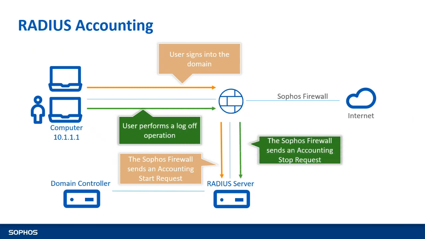When a user logs out from the domain, the Sophos Firewall will send an accounting stop request along with the user's logout time. At this point, the RADIUS server stops recording accounting information for that user. If the Sophos Firewall reboots or is shut down, the accounting stop message is not sent.